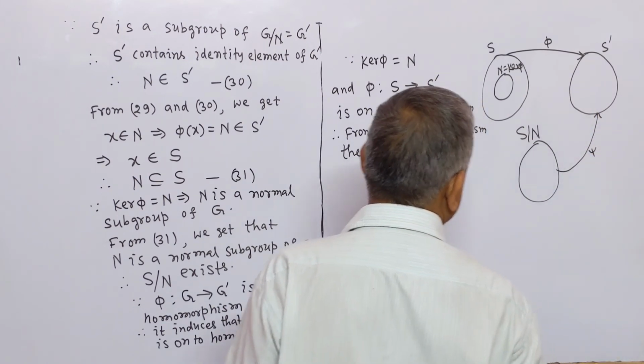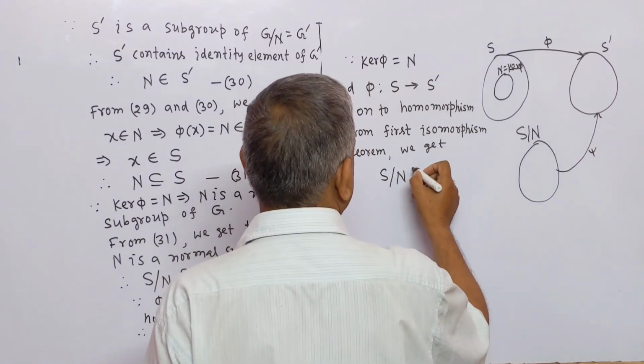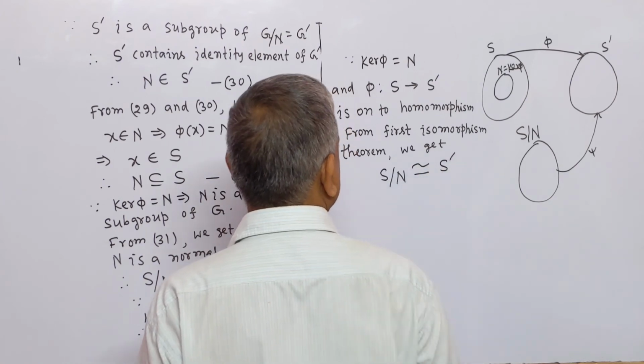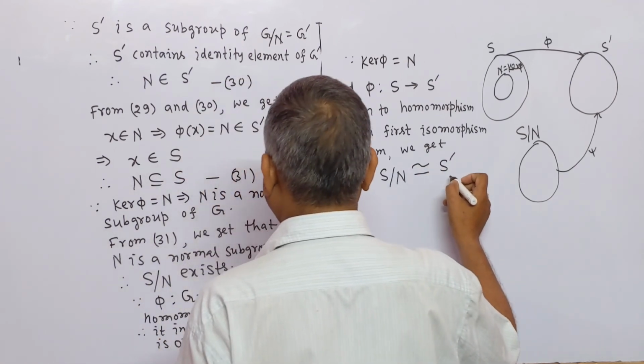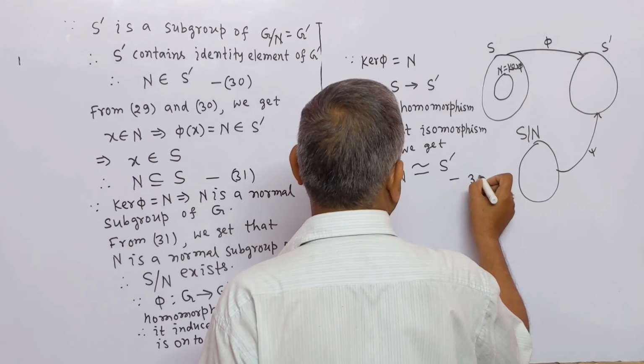This is psi isomorphism. This is number 32.